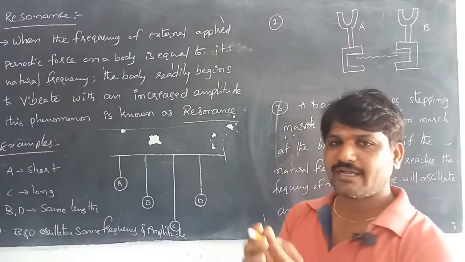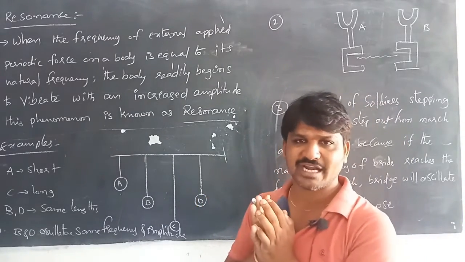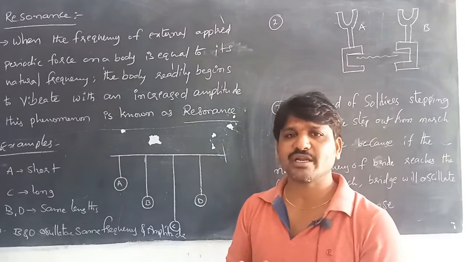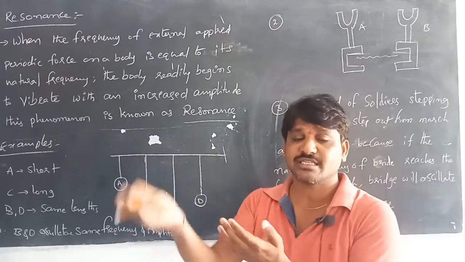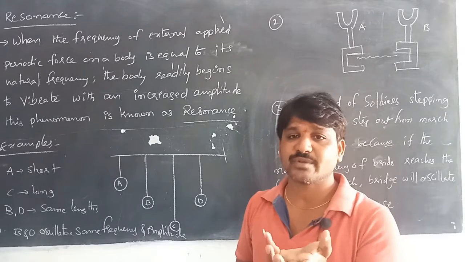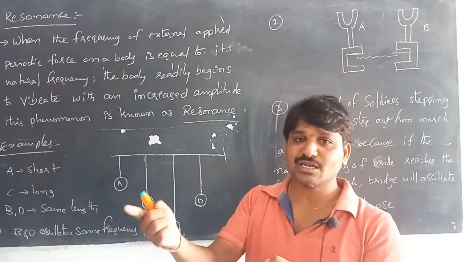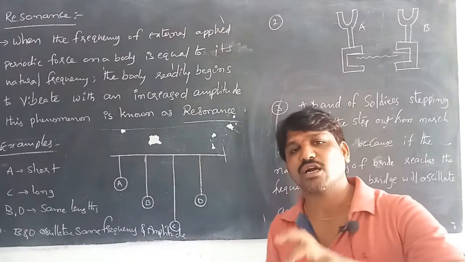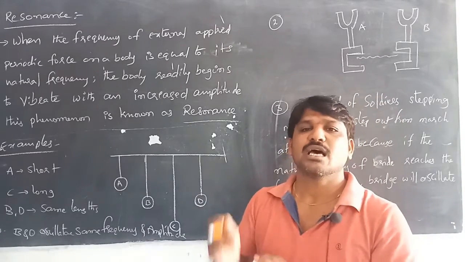That means whenever one body is vibrated by an external periodic force, if another body has a natural frequency equal to the frequency of the externally applied periodic force, then that other body also starts vibrating.